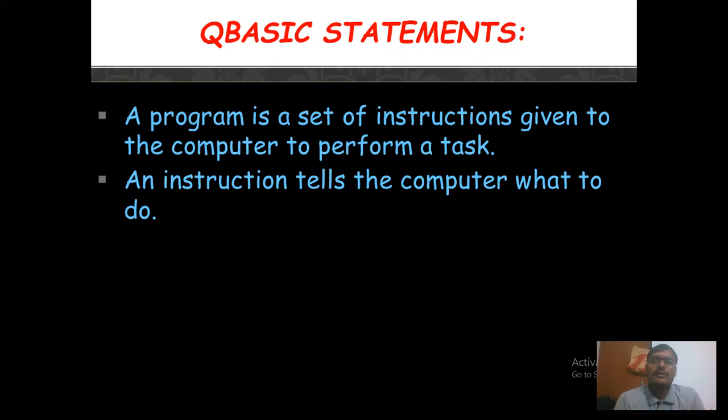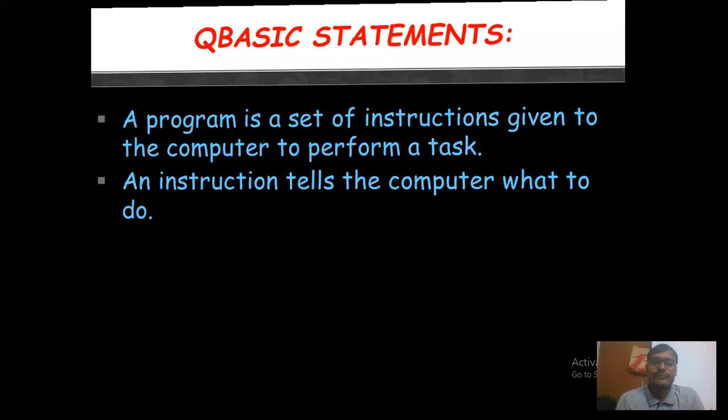We give such commands so that we can get our work performed by the computer. The computer will listen to our instruction and perform the work accordingly. So an instruction tells the computer what to do.